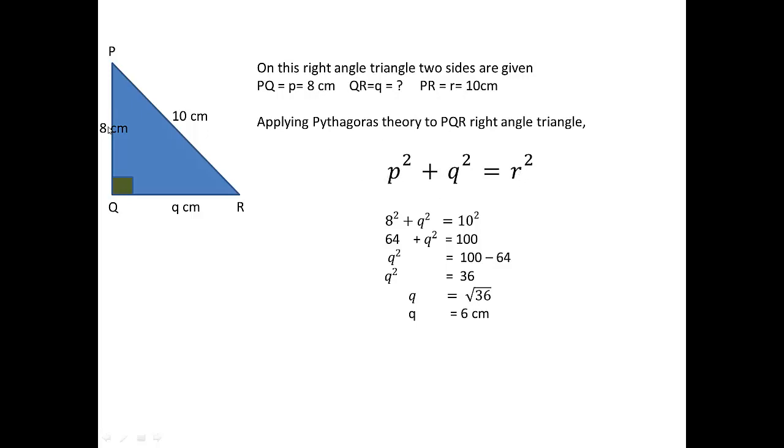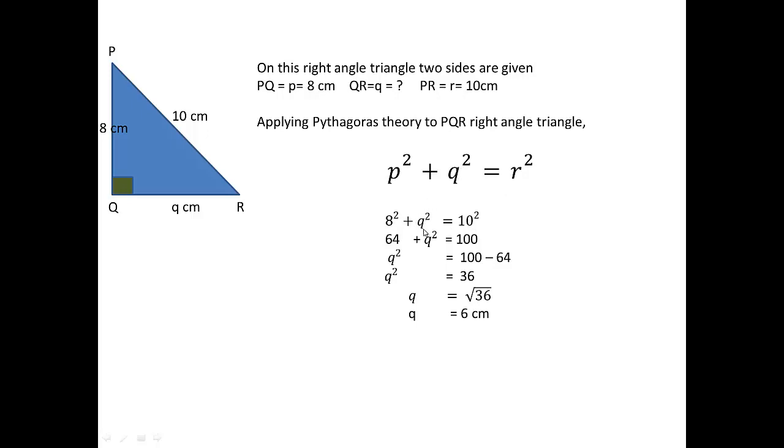We know the value of p and r. Therefore, taking the square of them, p squared is equal to 8 squared and r squared is equal to 10 squared. We do not know the value of q.